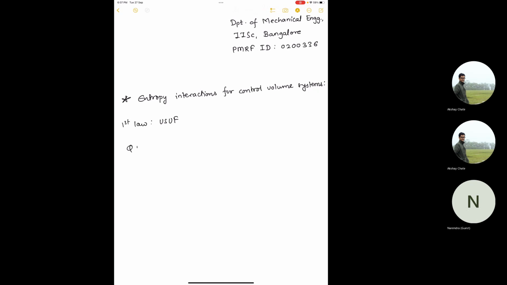We can write Q plus Mi into Hi plus Vi square by 2 plus G zi equal to Me into He plus Ve square by 2 plus G ze plus the work done by control volume. And there will be this term which will be because of unsteadiness of the system.